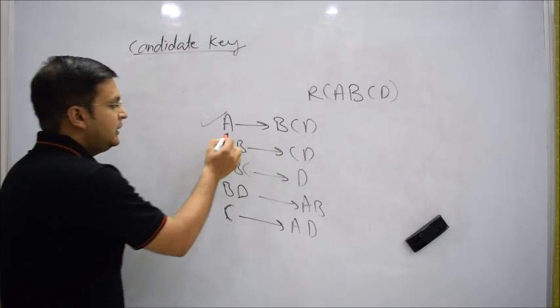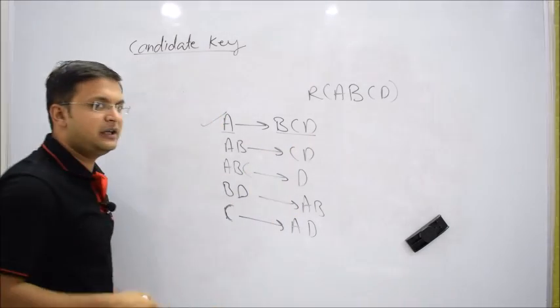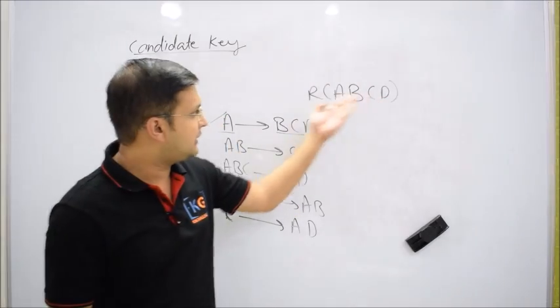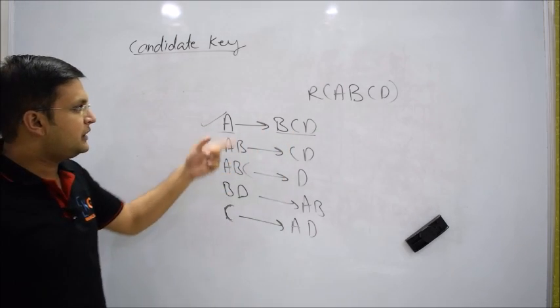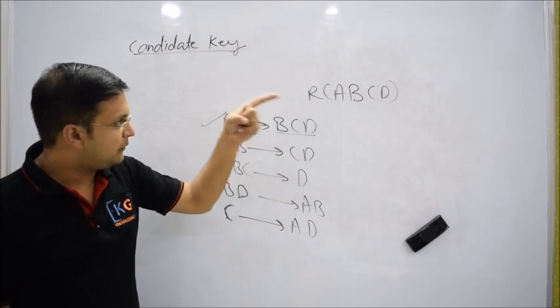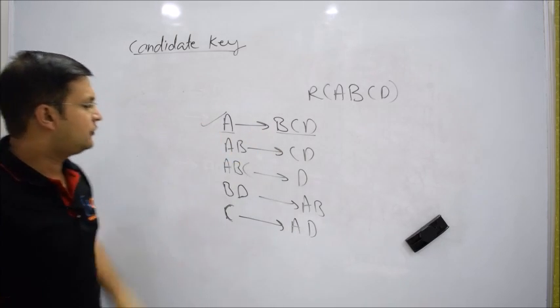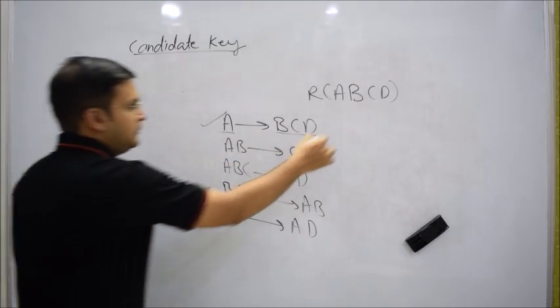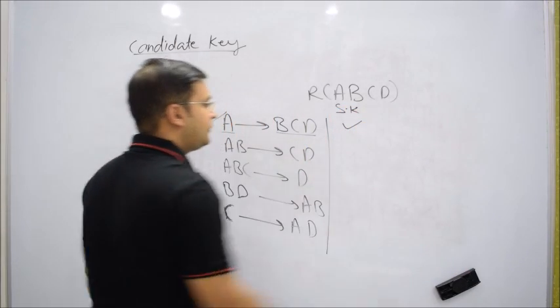You see, from A you can identify all the other attributes. How many total attributes are there? A, B, C, D, 4 attributes. 1 is there, 3 is there. It means using A you can find all the attributes, you can find the entire row. Okay, so A is a super key. Fine. Let me write this. Okay, A is a super key.